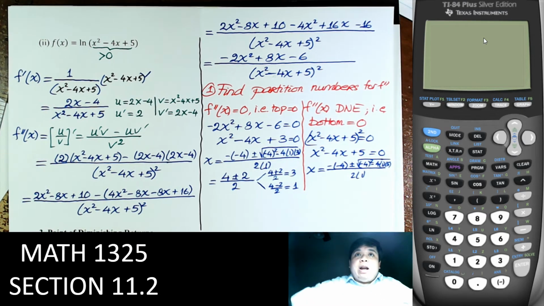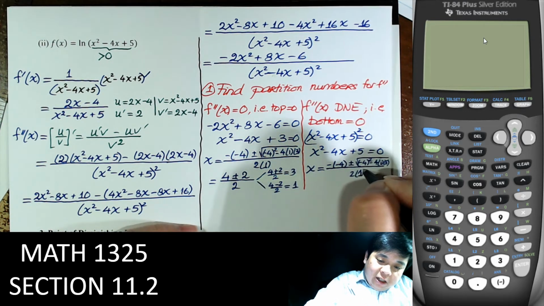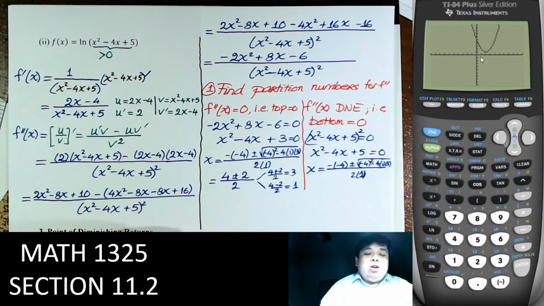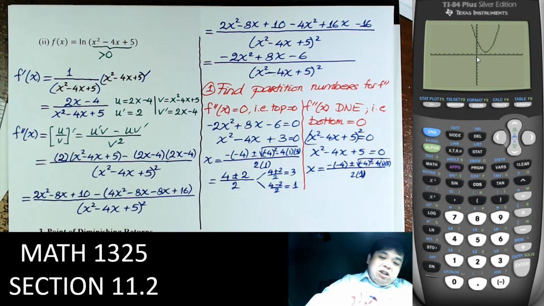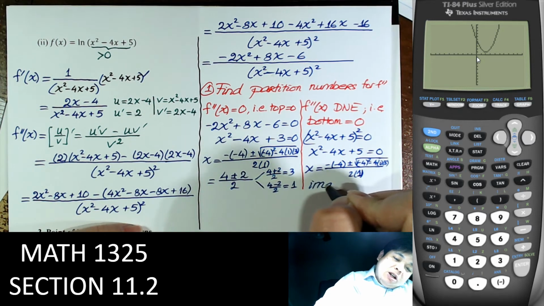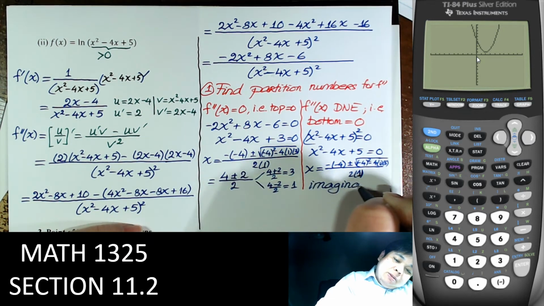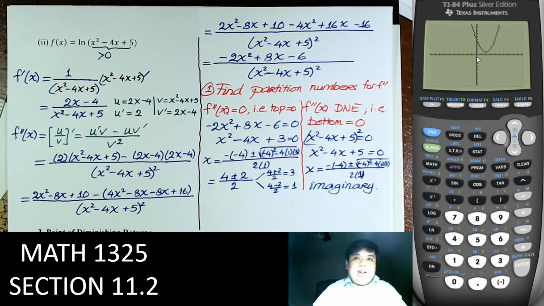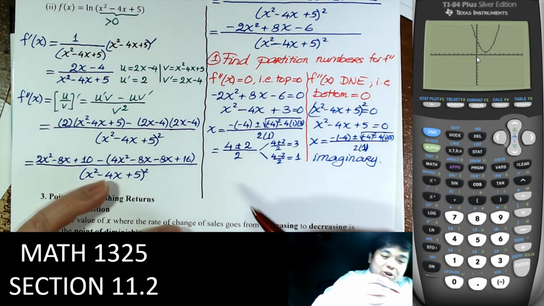I said I've run out of space here. But on this side, remember the graph like this. So what it means is there's no x-intercept, so no solution. So what we get here is imaginary. So that means we only have 3 and 1. Right, I think that's enough to draw the sign chart here.